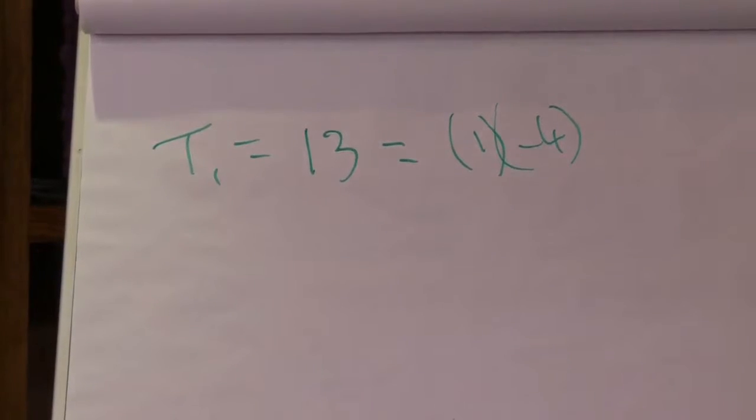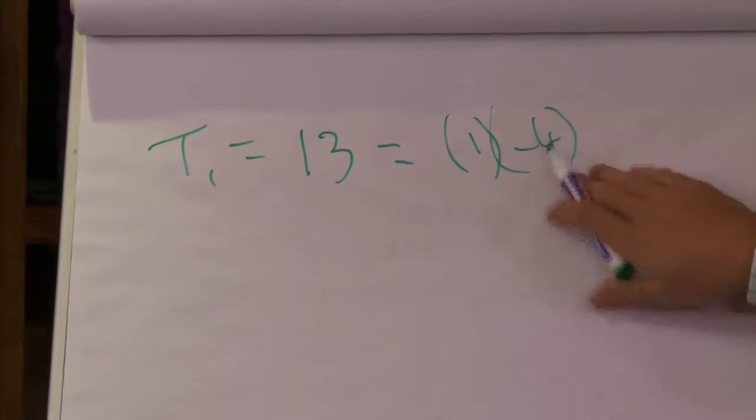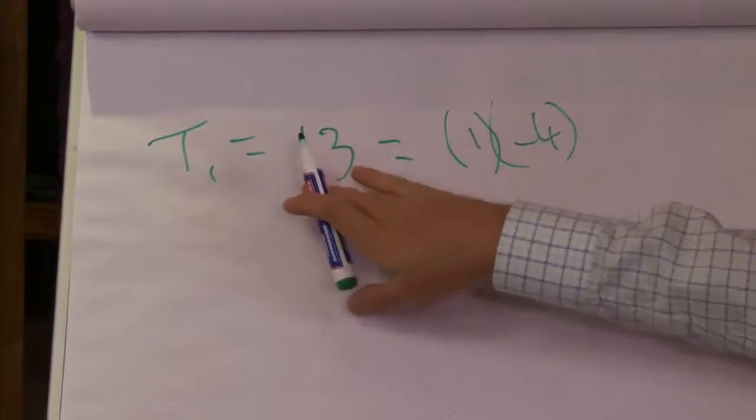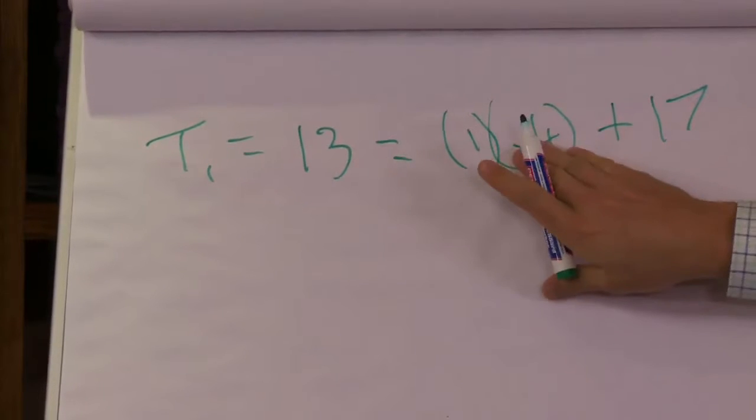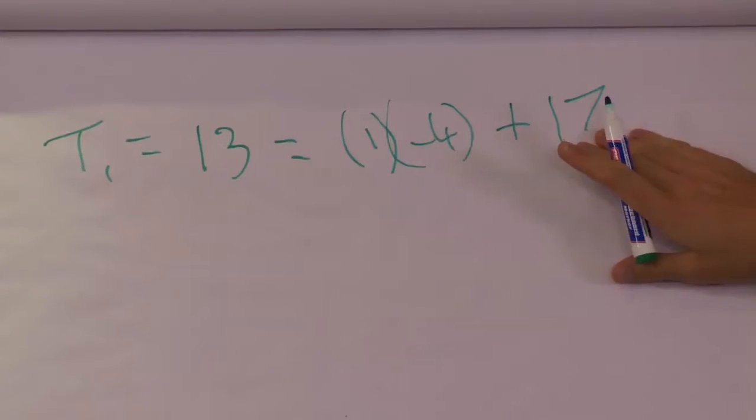Minus 4 plus what gives us 13? 17. Thank you. 1 times minus 4 is minus 4, plus 17 is 13.